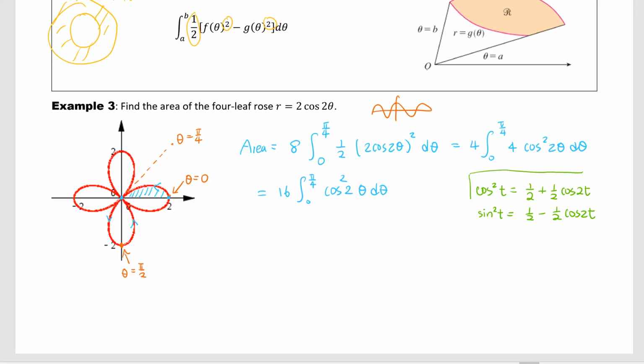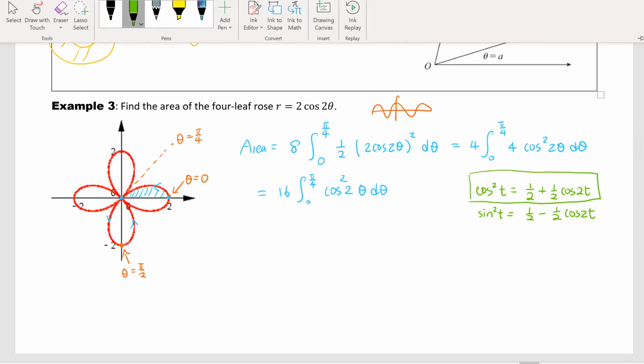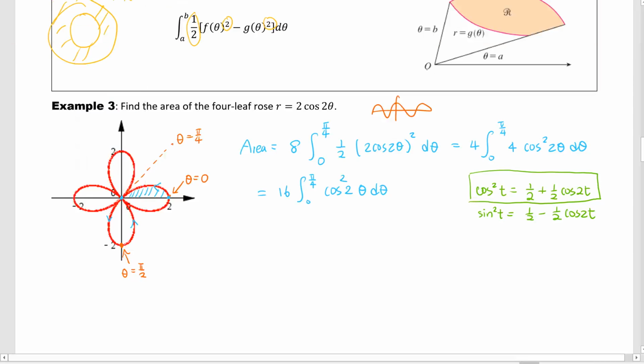The top one, right? We want to decrease the degree and double the angle. So now cosine 2 theta square is 1/2 plus 1/2.